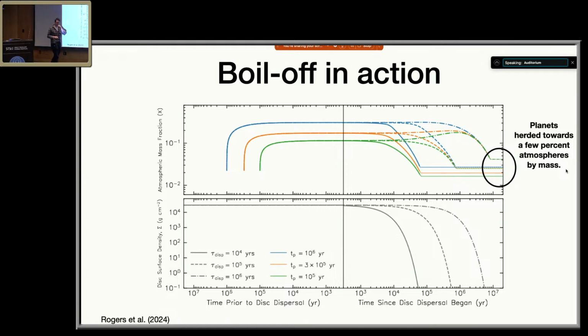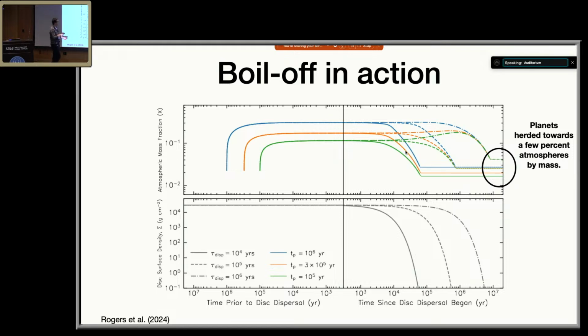I think one of the most interesting impacts is you can see these different lines started the planets forming at different times. But the different styles refer to different disk dispersal timescales. So one expectation is if you've been accreting for longer, you should end up with more mass, which you see is true prior to disk dispersal.